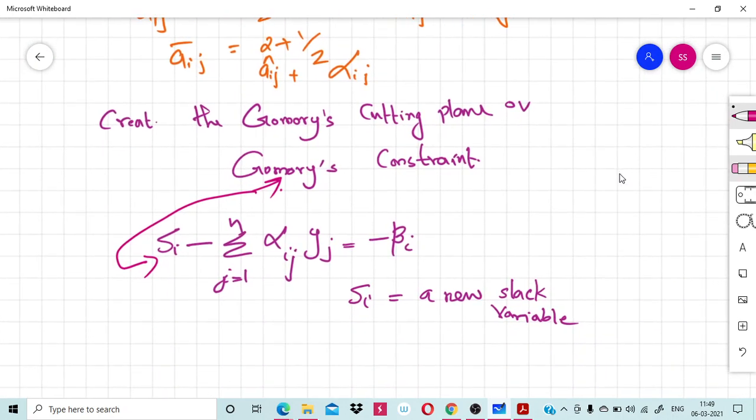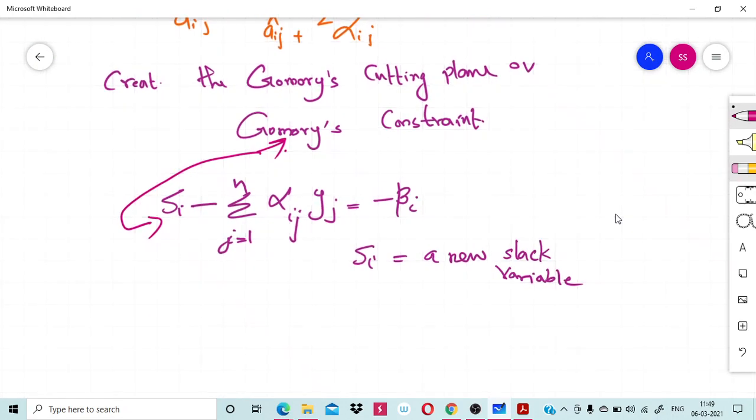Then you have to introduce the Gomory constraint by introducing a new slack variable Si, and the new Gomory constraint will be Si minus sigma j equal to 1 to n alpha ij yj equal to minus beta I. So you will get more clarity while we are solving a problem.